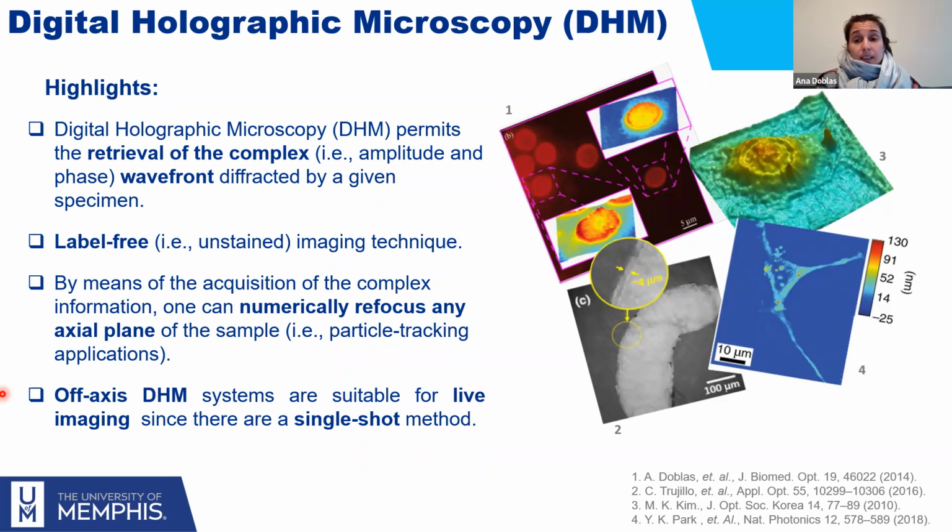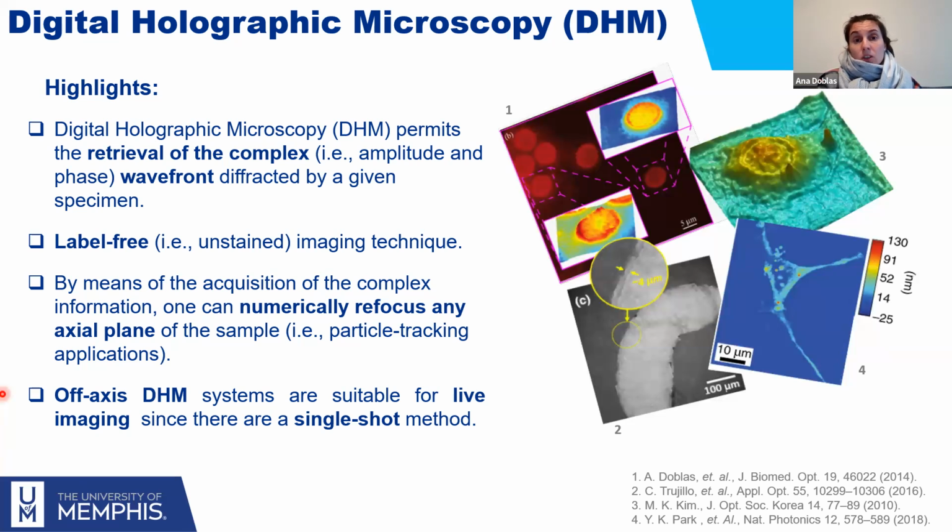The main advantage is that we have the 3D information of the object and the sample, so we can numerically reconstruct at any plane. That means even if your sample is out of focus, you can focus it numerically without losing any resolution. That's really useful for particle tracking.